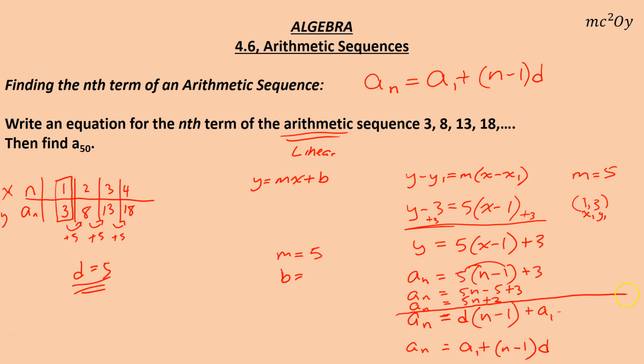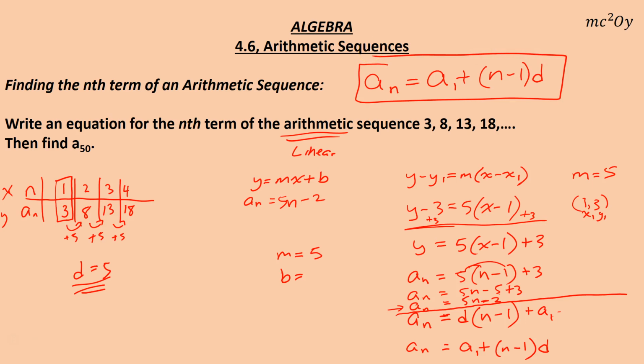Negative 5, oops, it wouldn't be plus 2, it would be minus 2. 5n minus 2. Negative 5 plus 3 is minus 2. So that's in slope-intercept form. That's actually this form: y equals 5n minus 2, but we don't call it y, we call it a sub n. So a sub n equals. But if we want to write it for any equation, we could just use that formula. We don't have to go through all this mess.